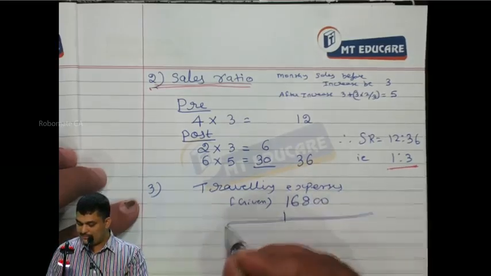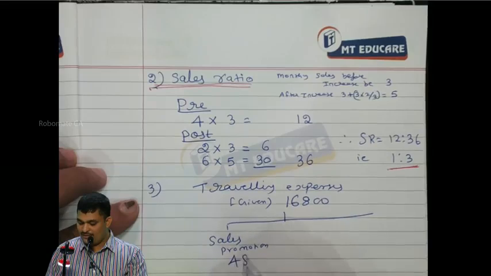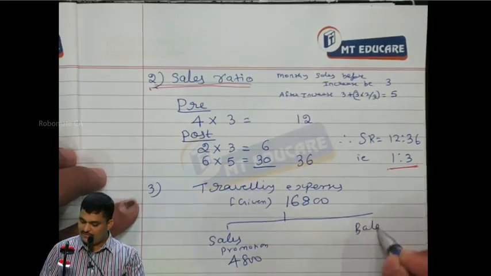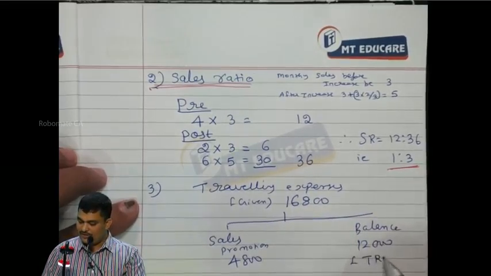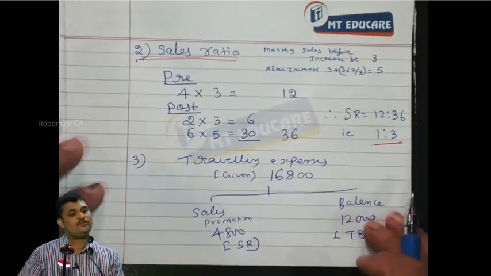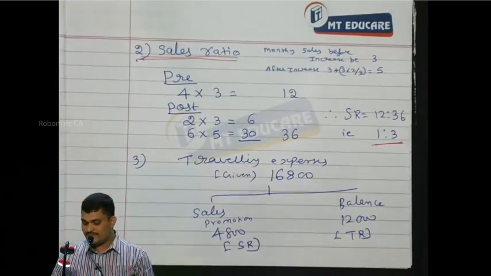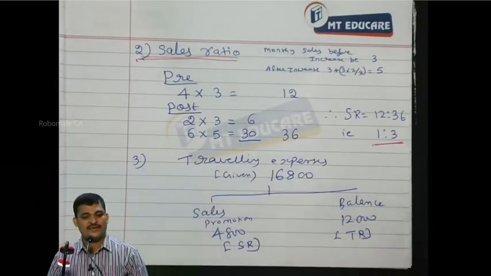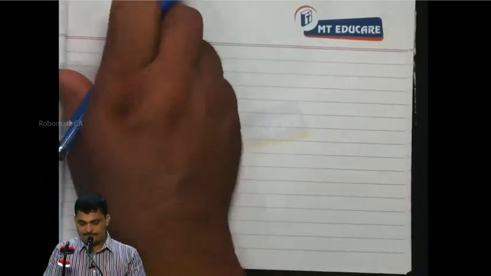In that, sales promotion is 4,800, balance 12,000 is based on time ratio, and this is based on sales ratio. Is that clear, everybody? This will show in the direct statement. 12,000 we will write in the total, which will be apportioned in the time ratio, and 4,800 in the sales ratio. Is that clear?